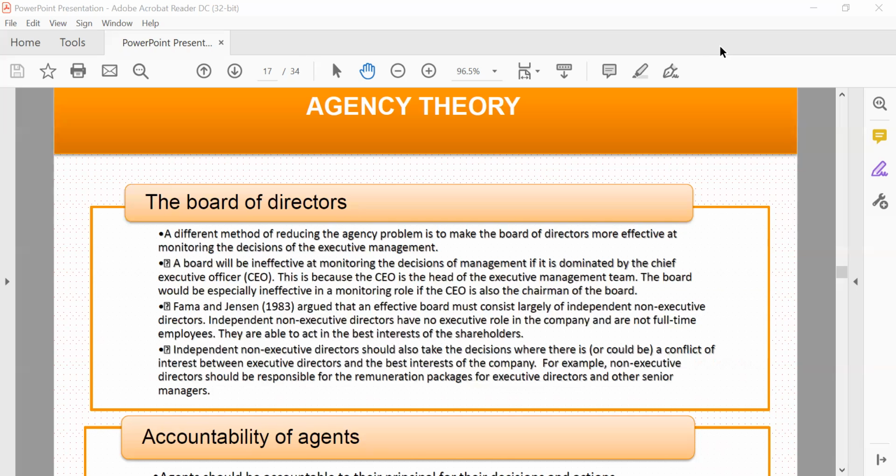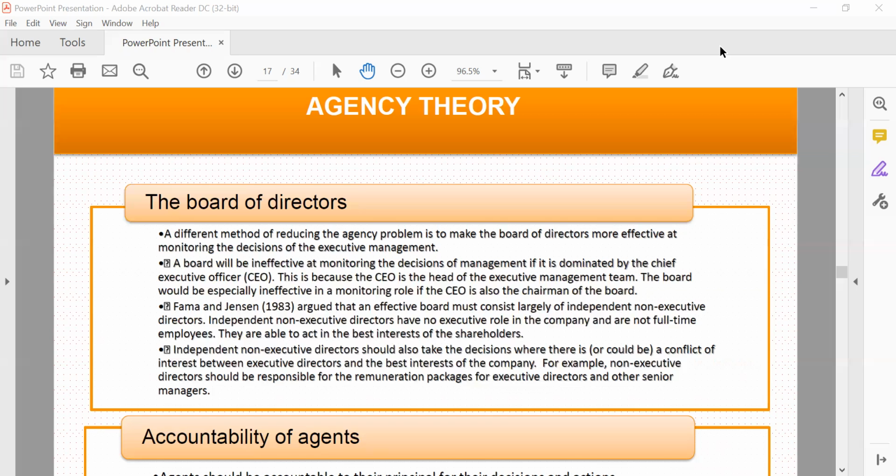The board will be especially ineffective in a monitoring role if the CEO is also the chairman of the board. Fama and Jensen in 1983 argued that for a board to be effective, it should consist largely of independent, non-executive directors.